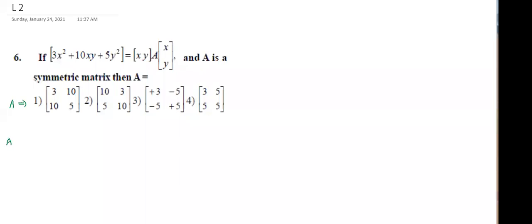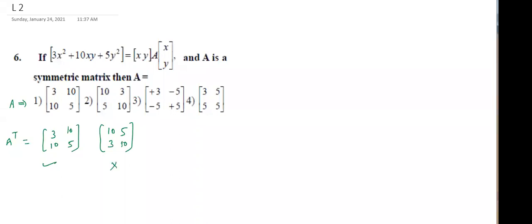Then A transpose. Here we get 3, 10, 10, 5. Yes. First option, A transpose exists because A transpose is equal to A. Second option, see that 10, 3, 5, 10. So this is A transpose, but these two are not equal.